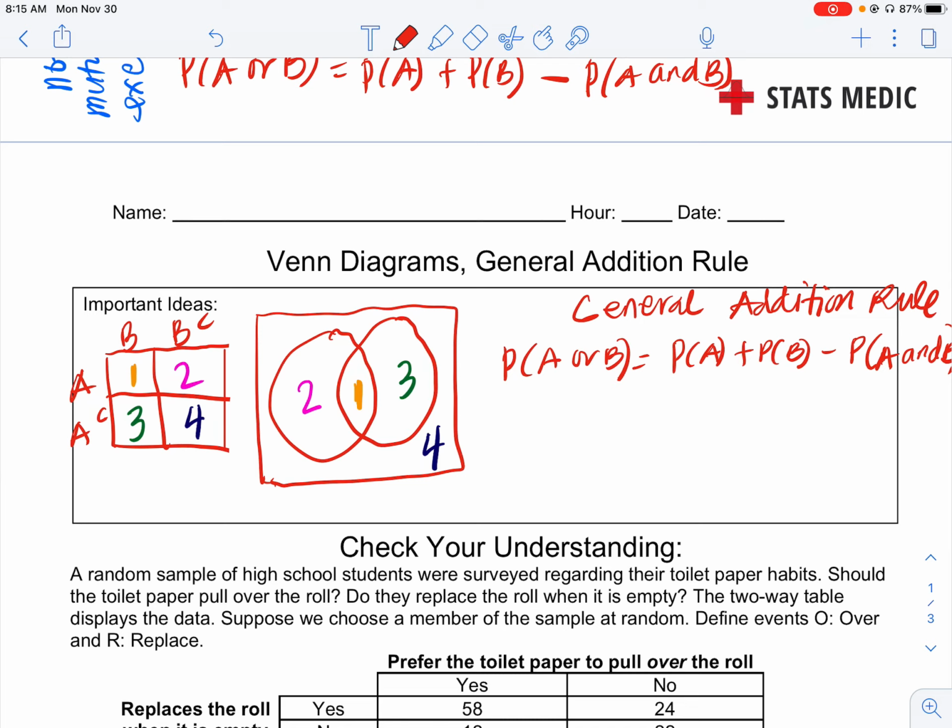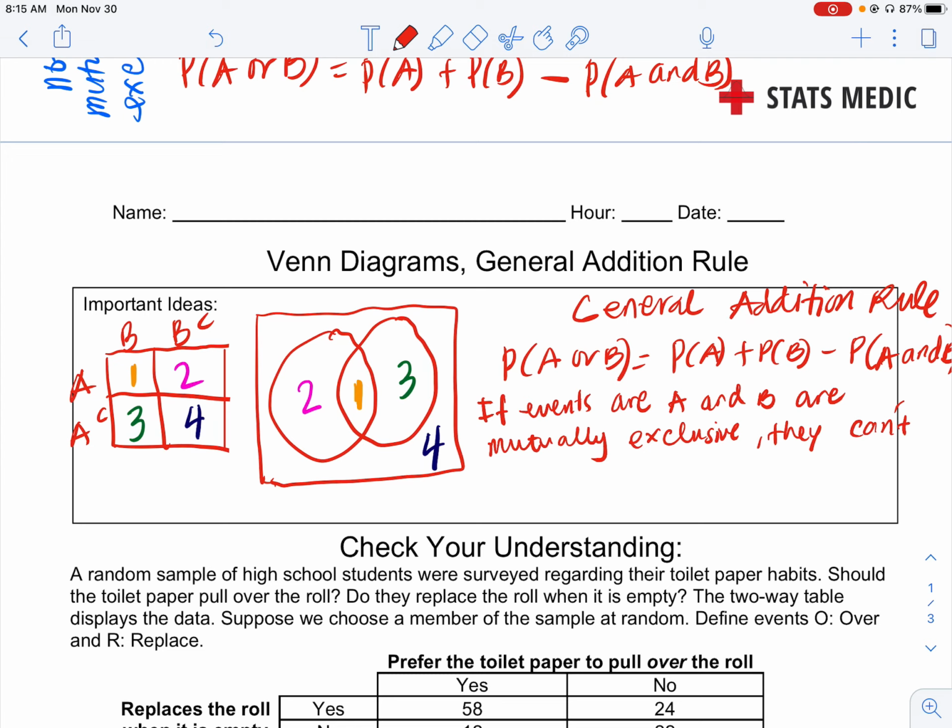If events A and B are mutually exclusive, they can't occur together.